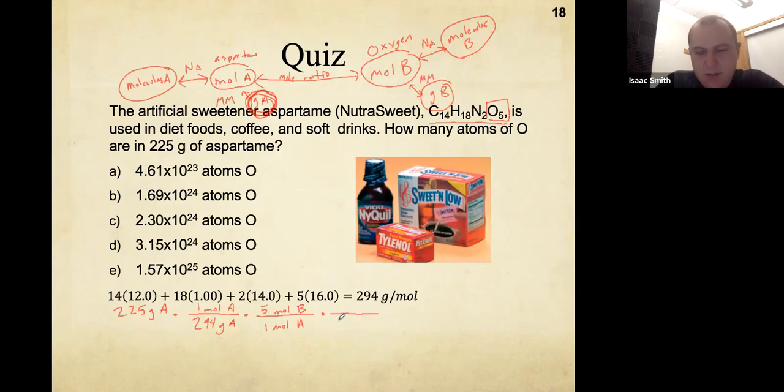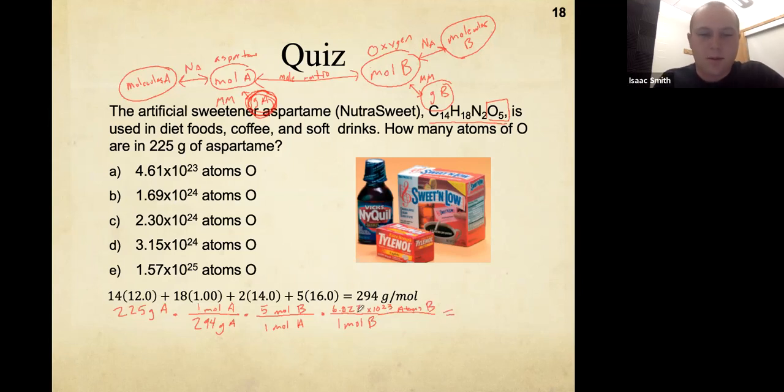So using Avogadro's number, we can say 1 mole of B gives us 6.022 times 10 to the 23rd molecules, or since it's just a single element, we're going to say atoms of B, right?